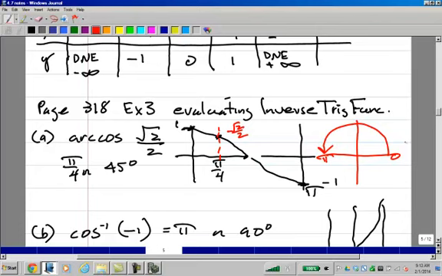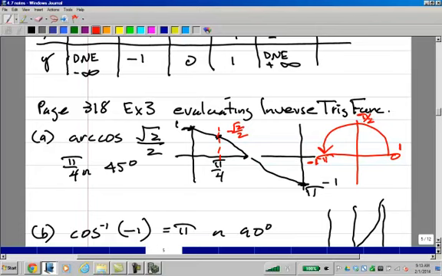And the cosine goes from 1. When the angle is 0, the cosine is 1. And when the angle is pi, the cosine is negative 1. And at pi over 2, the cosine is 0.